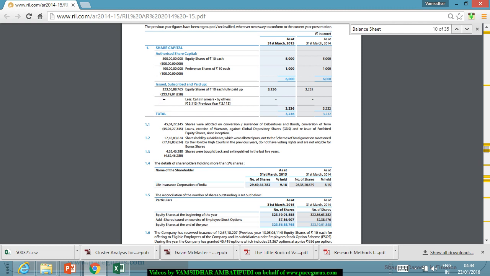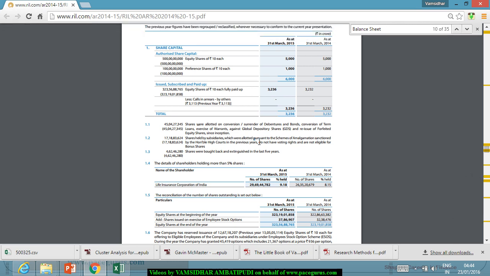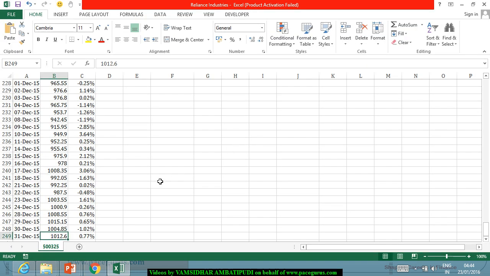So these are the number of shares. 3236 crores, rounded up, is the number of shares that are outstanding.